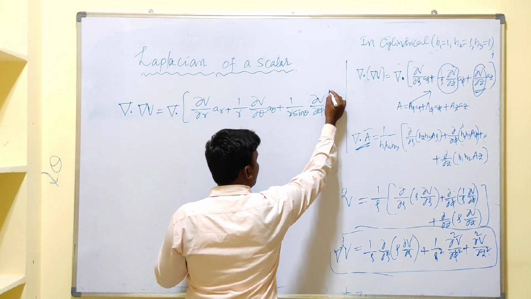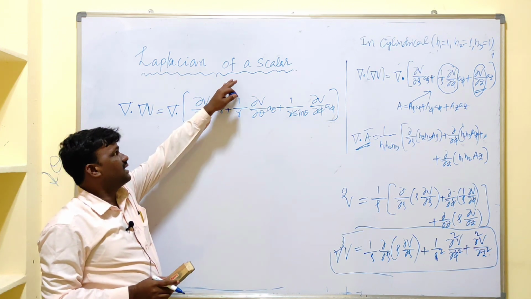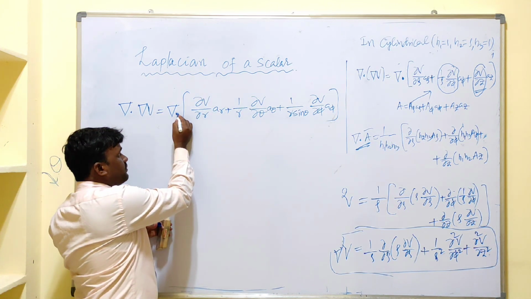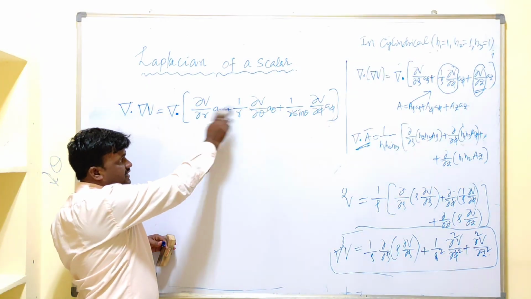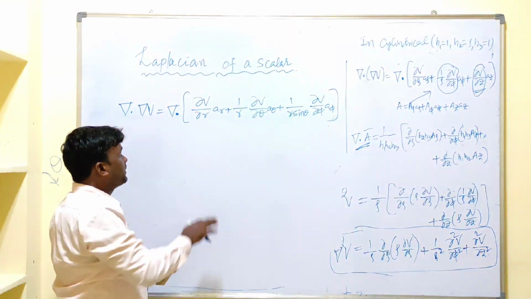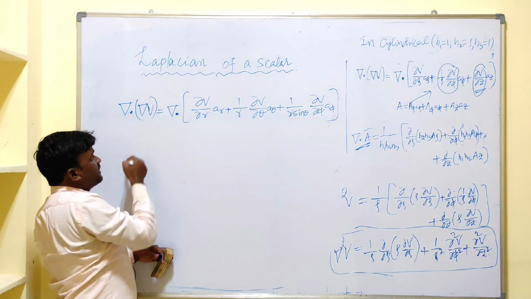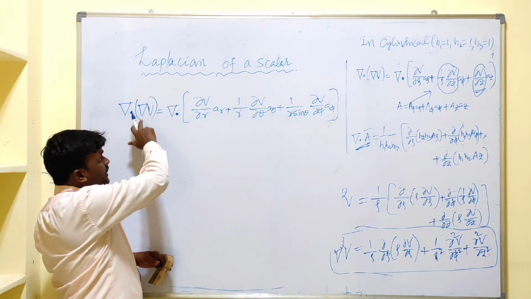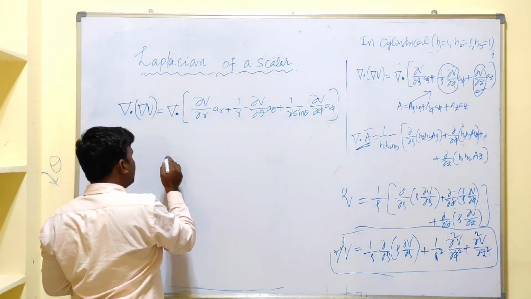Actually, it is the gradient formula. What I said, the Laplacian operator of a scalar is nothing but a composite of divergence and the gradient of the scalar. Divergence of gradient of any scalar gives the Laplacian operator.